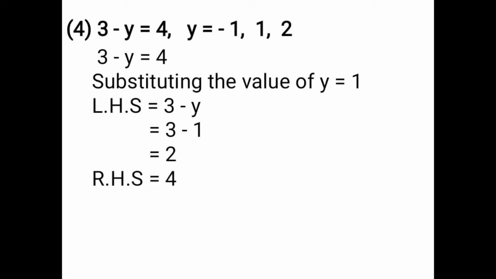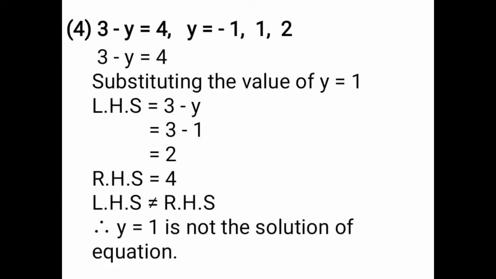Right hand side is equal to 4. Left hand side is not equal to right side. After solving the left hand side I am getting the answer 2. Right hand side number is given 4. So the left hand side is not equal to right hand side. Therefore, y is equal to 1 is not the solution of the equation.